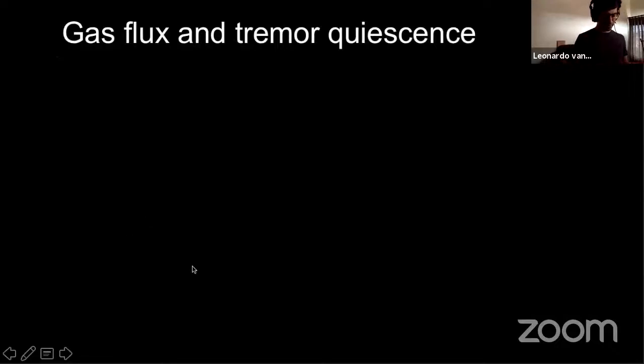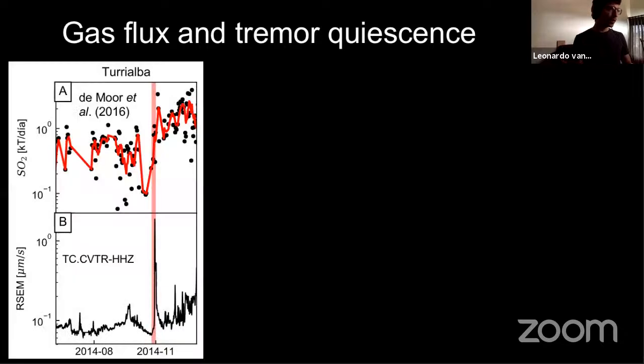So there are these relations that can be made between the gas flux and tremor in general, and also tremor quiescence. This is data of SO2 flux from Martin de Moor, at Turrialba volcano, where we see this drop in the SO2 flux at the same time that we see this drop in seismic amplitude.